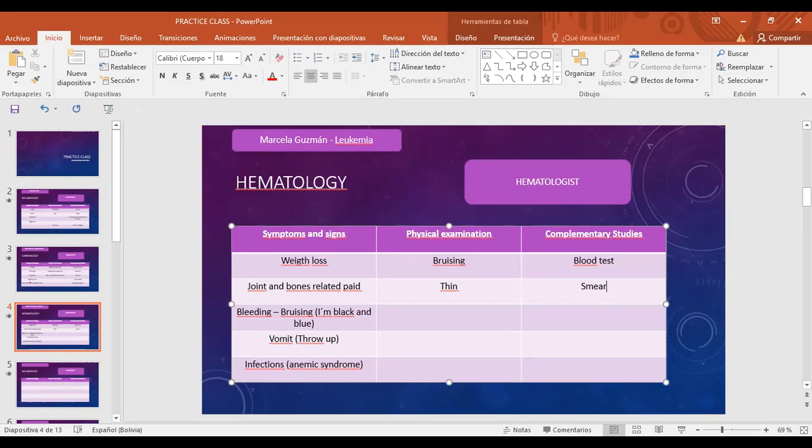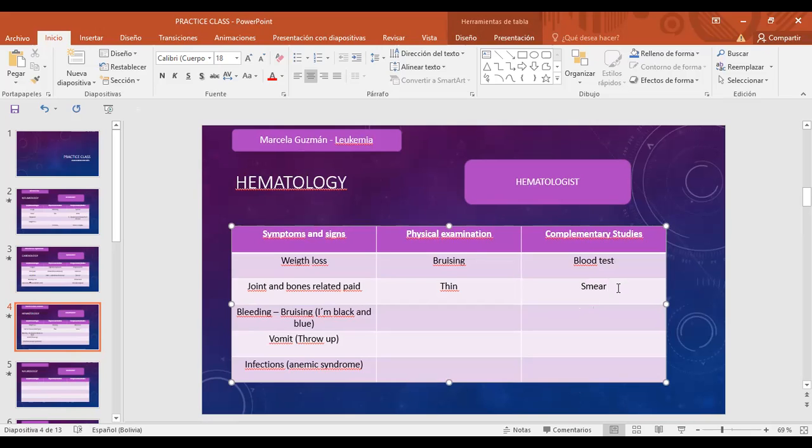In Spanish it would be frotis de sangre periférica. You might have heard of that, right? Yes. That is a smear, okay? So we would also ask for a smear of peripheral blood.